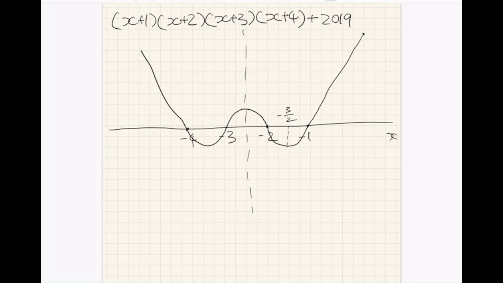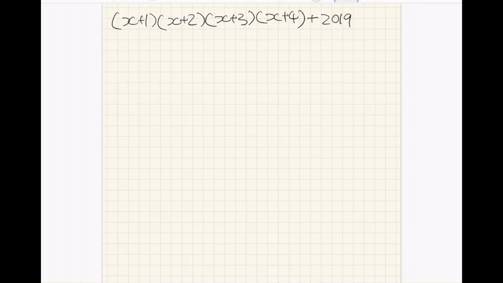And if we plug -3/2 back into this original expression, I'm going to delete this for now. If we take x equals -3/2, this expression is going to be -15/16.